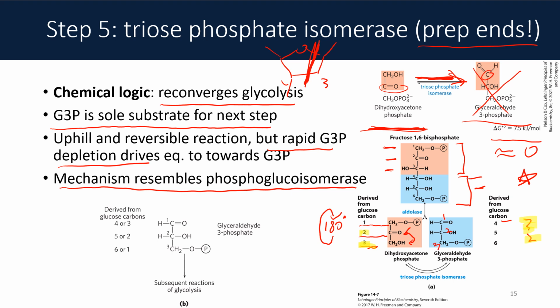This comes from the last 6th carbon on glucose and the 1st carbon on DHAP before we isomerize it.